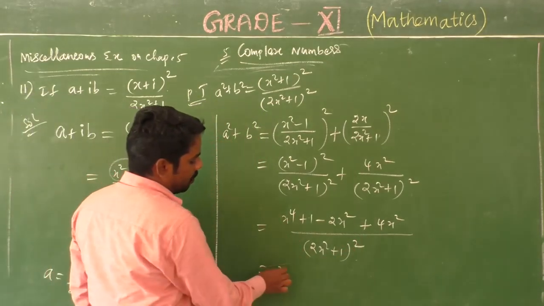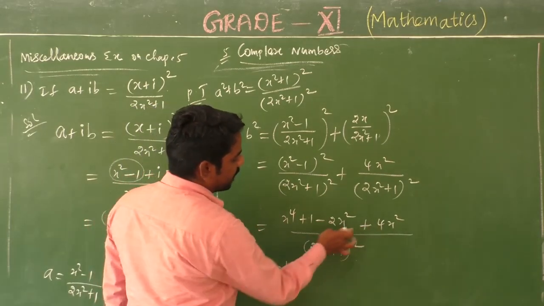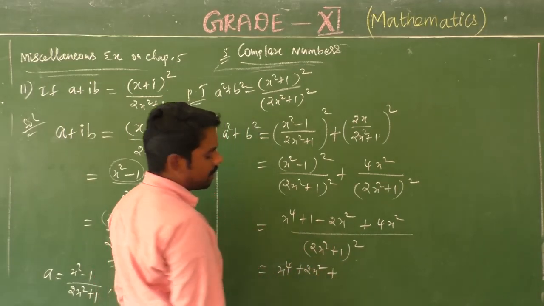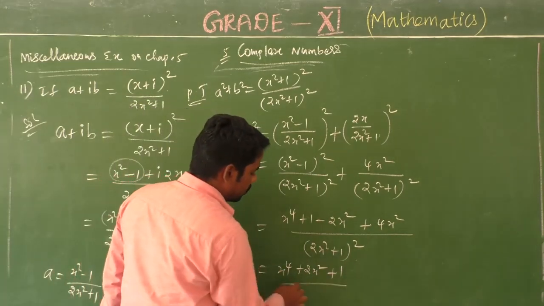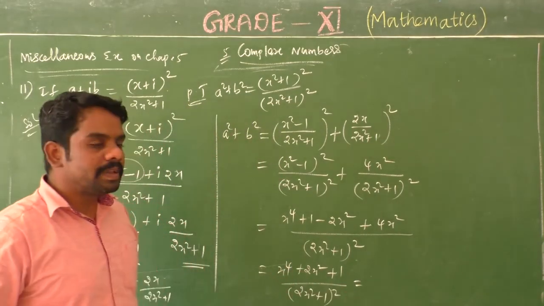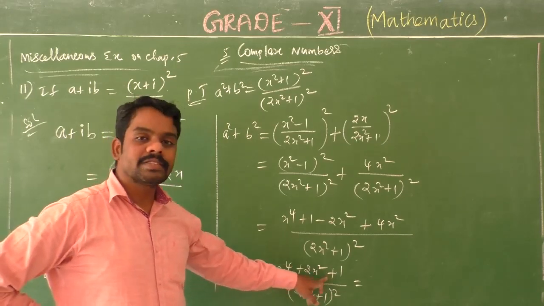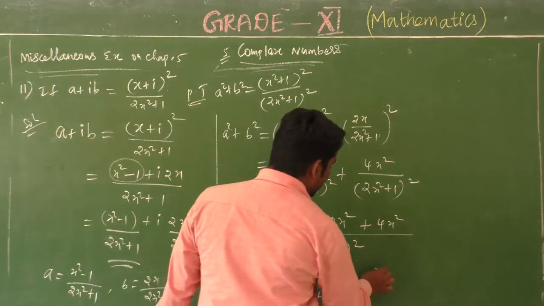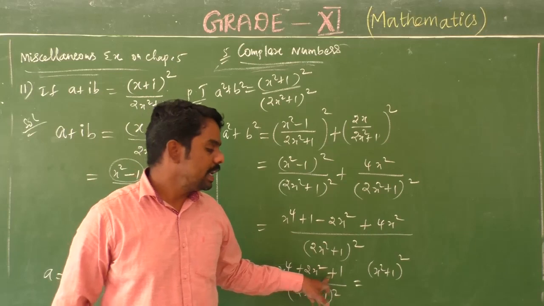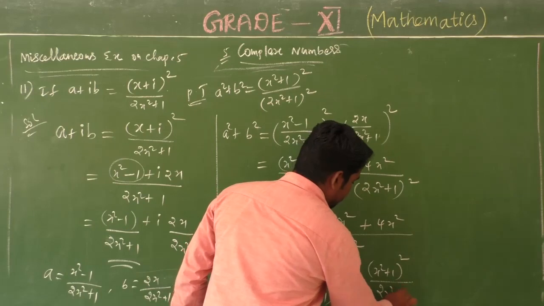Simplify this: x power 4, plus 4x square minus 2x square is plus 2x square, plus 1, the whole divided by (2x square plus 1) the whole square. x power 4 plus 2x square plus 1 is (x square) the whole square plus 2 into 1 into x square plus 1 square, that is (x square plus 1) the whole square. So it is equal to (x square plus 1) the whole square divided by (2x square plus 1) the whole square.